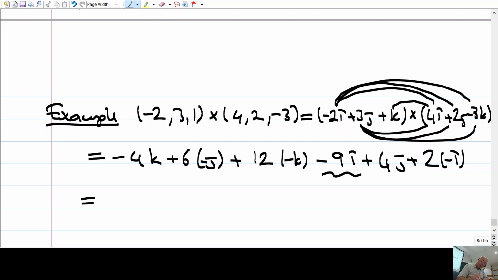I have minus 9i and minus 2i, so minus 11i. And then j terms, minus 6j and 4j, so minus 2j. And k terms, minus 4, minus 12, so minus 16k. So the cross product is this. Okay.